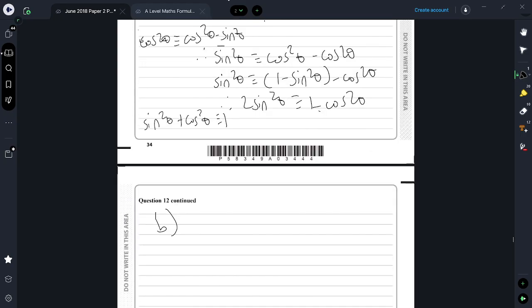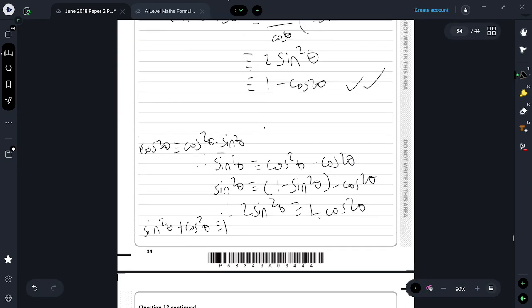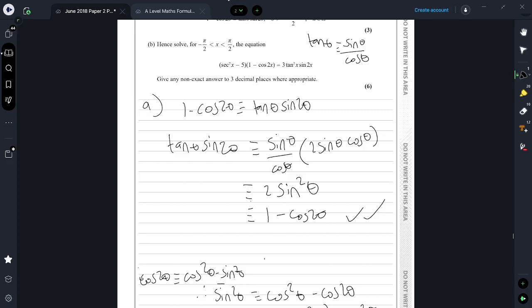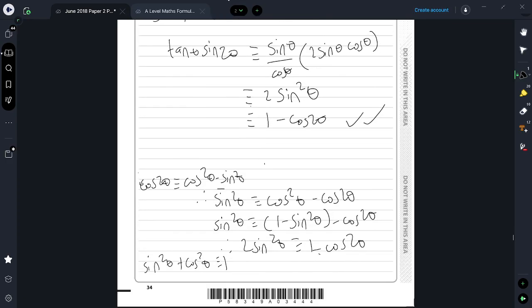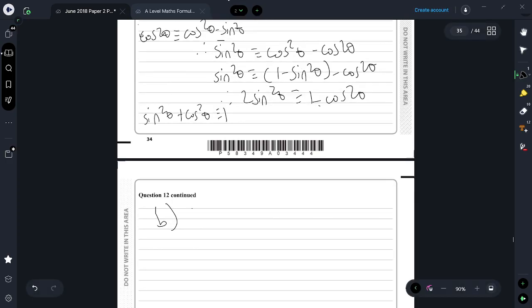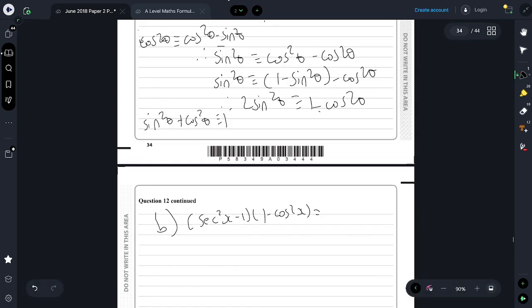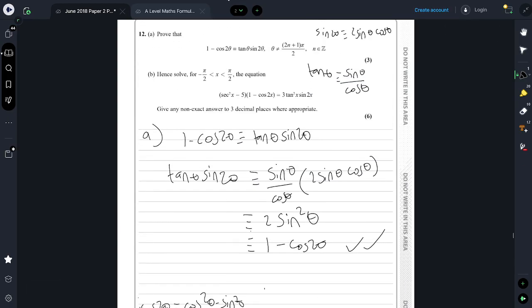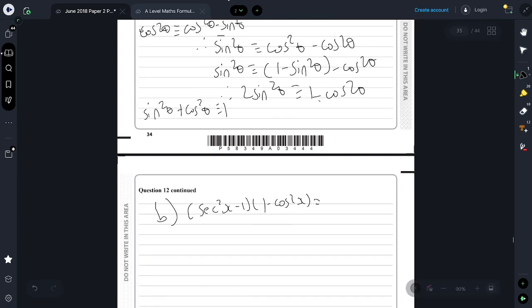Anyway. Stop the waffling. Part B. It says to solve this equation, a very nasty looking equation, which is also quite typical. It says sec squared x minus 1 of 1 minus cos 2x equals 3 tan squared x sine 2x.